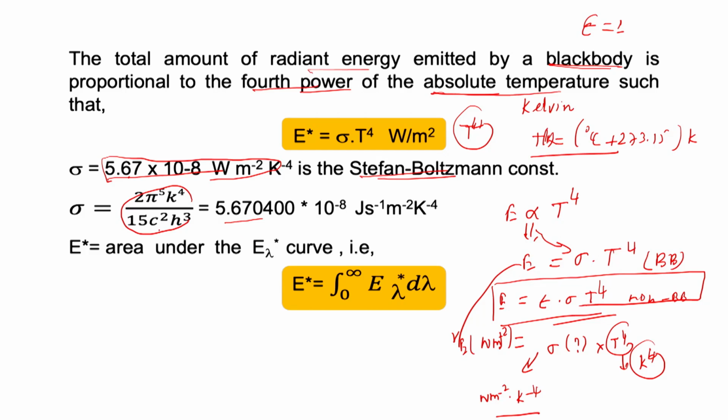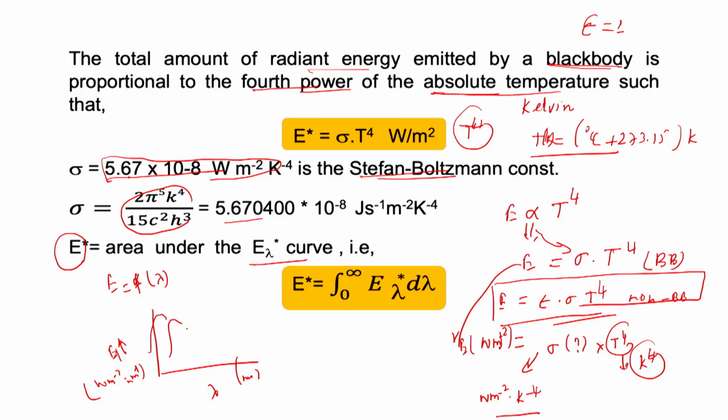And if you look at this E, the area under the curve, we have talked about E being a function of lambda. What was this one, radiance or irradiance? It was irradiance. Irradiance, or radiant flux, was per unit wavelength. So you have wavelength here and irradiance E, in watts per meter square per nanometer, and lambda, for example in nanometers, and you have some peak like this.